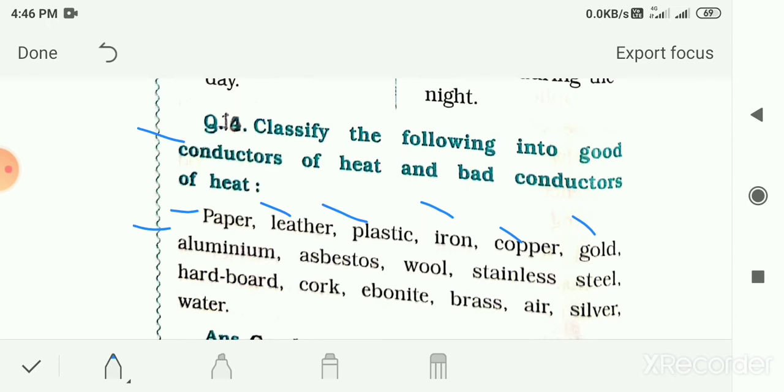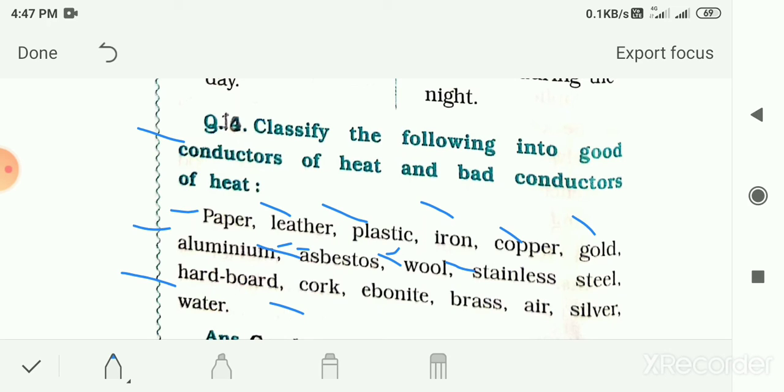Then after asbestos, as we had seen what its property is, it is a poor conductor of heat, or it resists the fire. So it is a bad conductor of heat. Next is wool. So it is also a poor conductor of heat. Then after stainless steel. So it is a good conductor of heat. Hardboard, it is a poor conductor of heat.